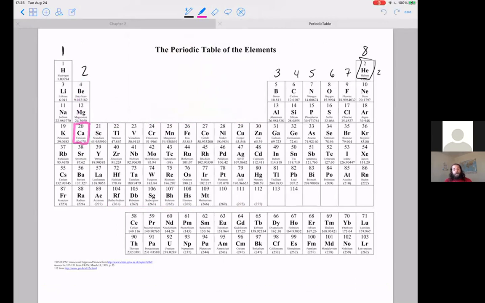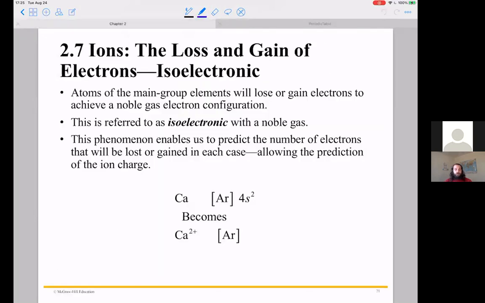Which means in order to get to a noble gas configuration, it would have to lose 2 electrons, right? We can even use our noble gas abbreviation for calcium. We would write argon and then 4s2. If it loses those 2 4s electrons, it would have the same configuration as argon. And again, that's every element's dream, to become a noble gas.